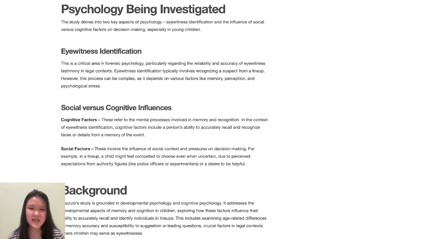The first one is eyewitness identification. I think you have heard of this before, when you're watching crime shows or even court cases. And the second one is the influence of social versus cognitive factors on decision making, right? And the key people they look at are young children. Okay, all right, so we'll start with eyewitness identification.